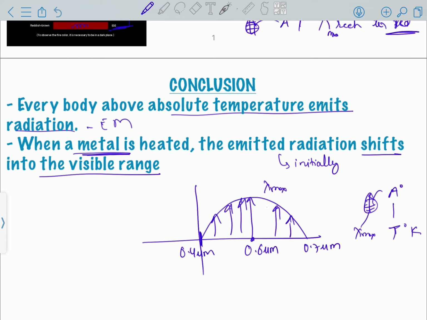There is a spectrum of wavelengths being emitted from the body, and the mixture of the spectrum in the visible range gives you a white color.